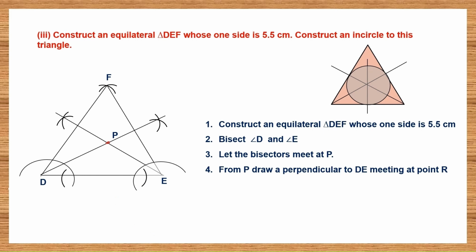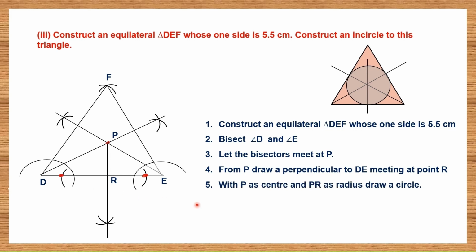Now placing your compass needle on these two points, you have to draw two arcs. The radius should be more than half of this distance, and then cut two arcs here. Now draw a line up to P. So now we have got the perpendicular from P touching DE at the point R.